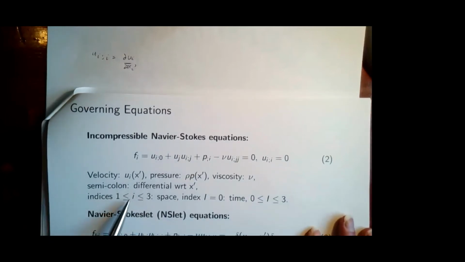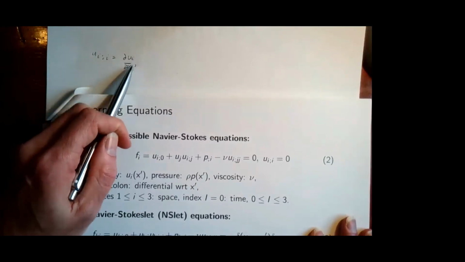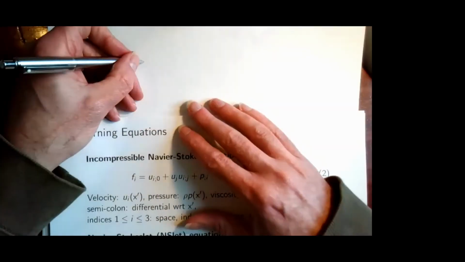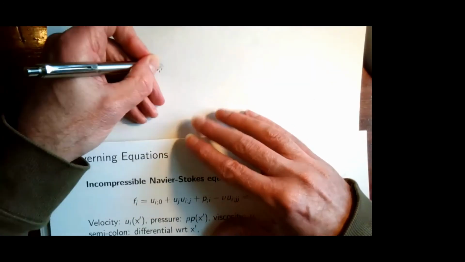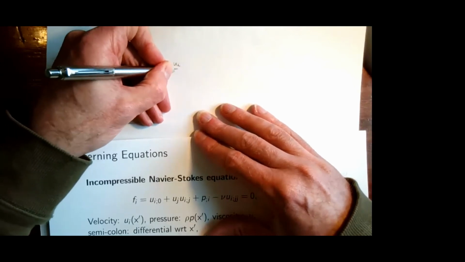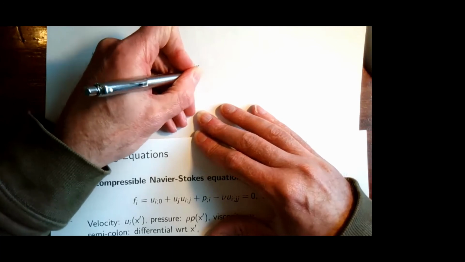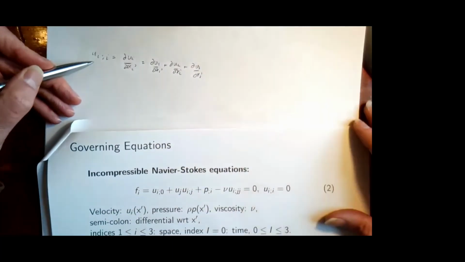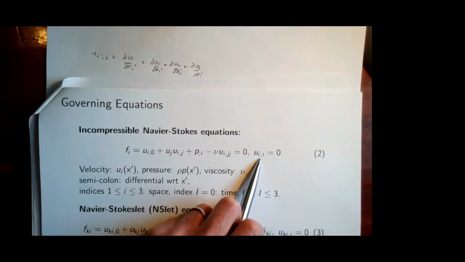So where we have a semicolon here, it means a differential with respect to x prime. And if we have a repeated index, so here you've got i and i repeated, that means using the Einstein convention, that's du1 by dx1 prime plus du2 by dx2 prime plus du3 by dx3 prime. So that's what this notation means here. Okay, so that's for this one. So that's from the continuity equation.